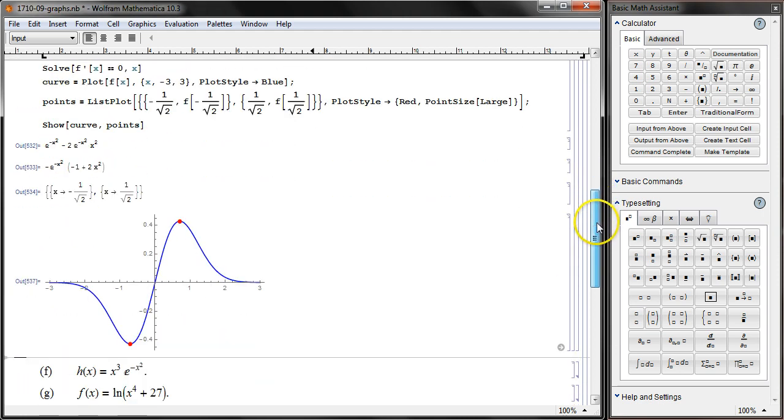Well, here is the graph. Decreasing, local minimum, increasing, local maximum, decreasing, and then we have a horizontal tangent. Horizontal asymptote, excuse me. How about concavity? Concave down up to here, around here concave up, concave down up to here, and then concave up.